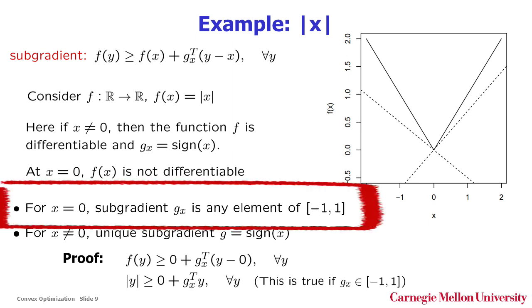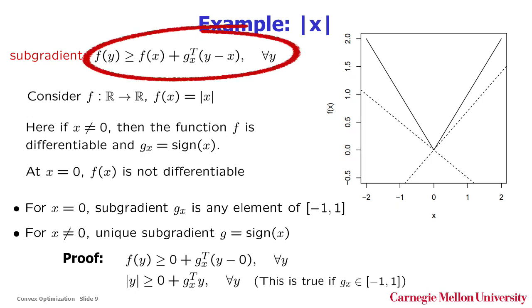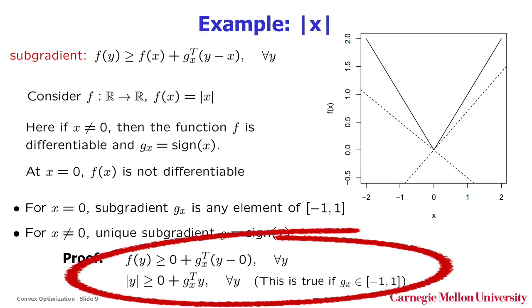When x is 0, then the subgradient gx can be any element in the [-1, 1] closed interval. To see this, we just have to use the definition of the subgradient. That is, we have to find those gx numbers with which this inequality holds. So x is 0, and therefore f of x is also 0.